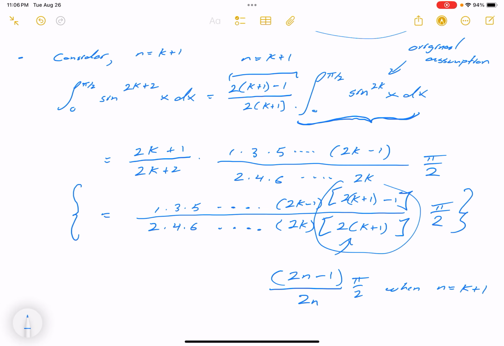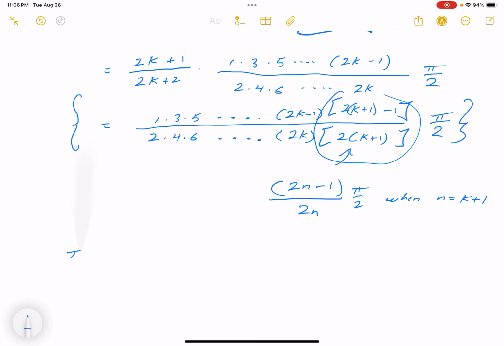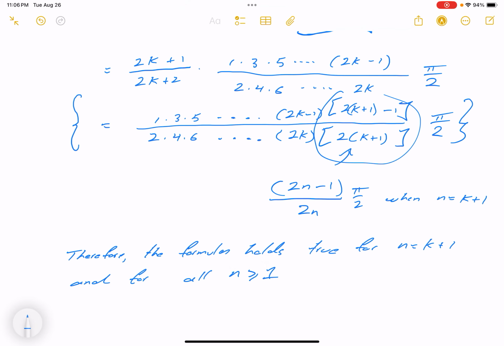So this checks out. We have proved this by induction, so therefore the formula holds true for n equals k plus 1 and for all n greater than or equal to 1, as shown by induction.